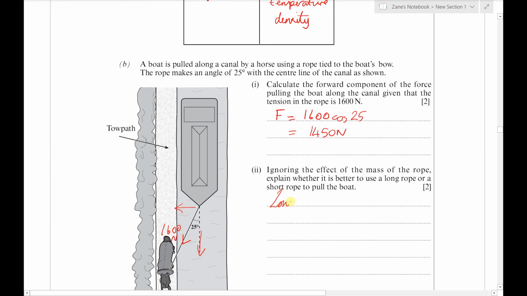So the simple answer is that we need a longer rope. And then the explanation is that this gives a smaller angle, and therefore a greater forward component.